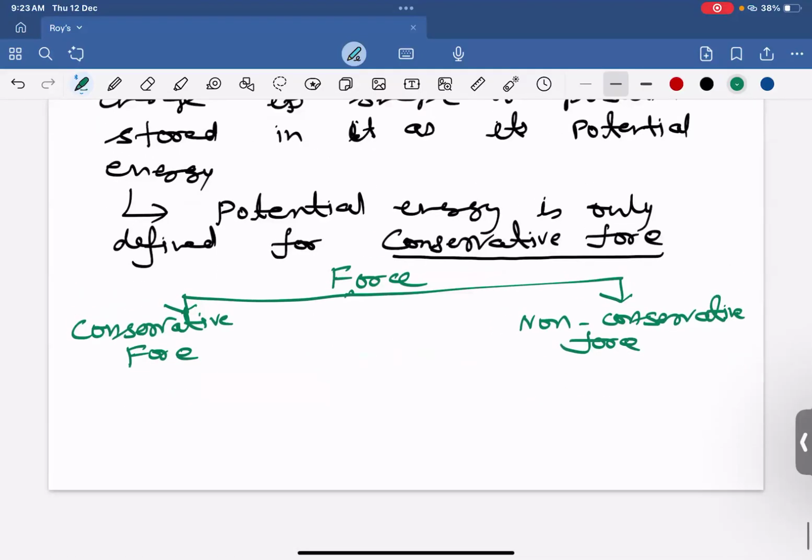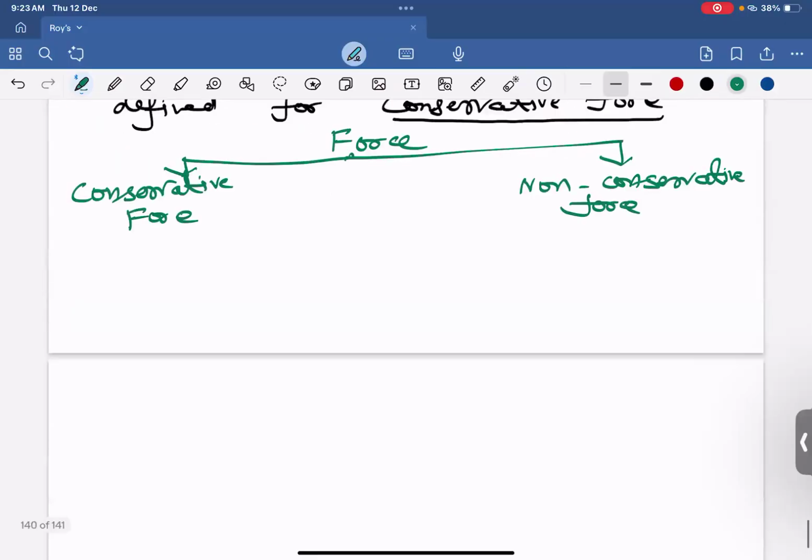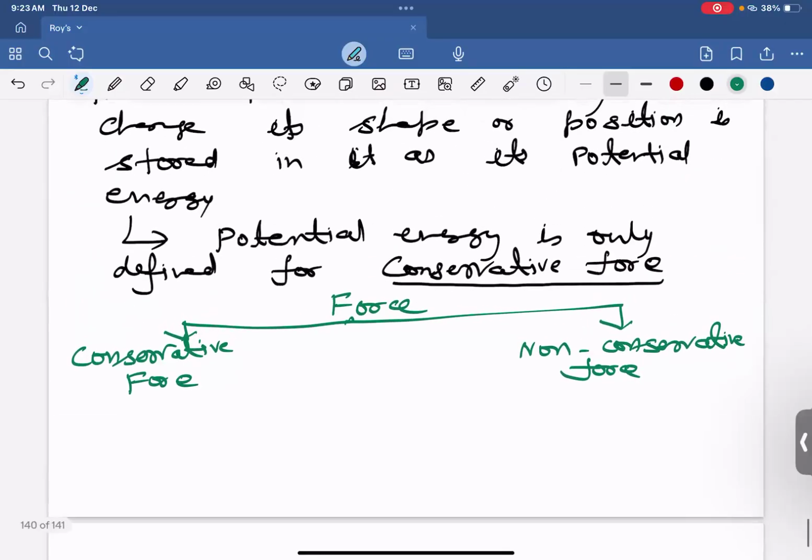Okay. So conservative force is that type of force whose work done does not depend upon the path followed by the particle.